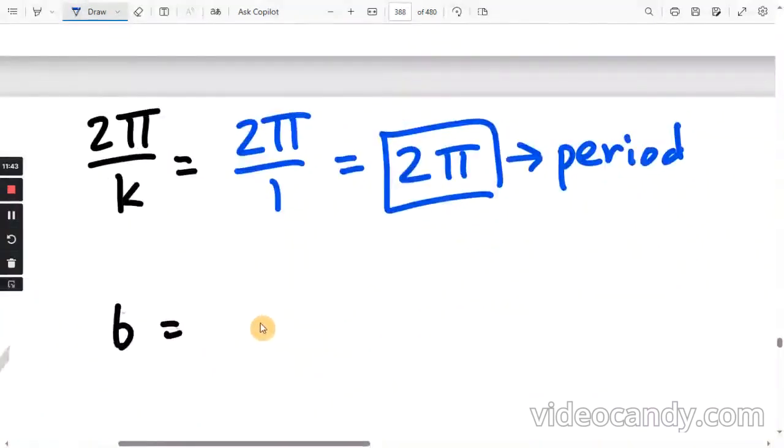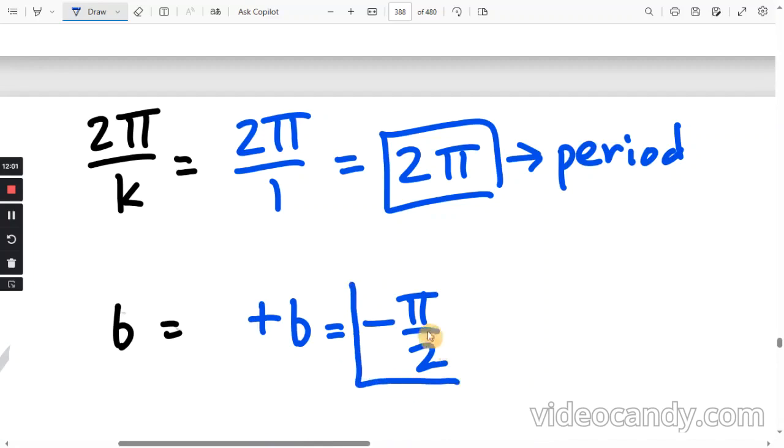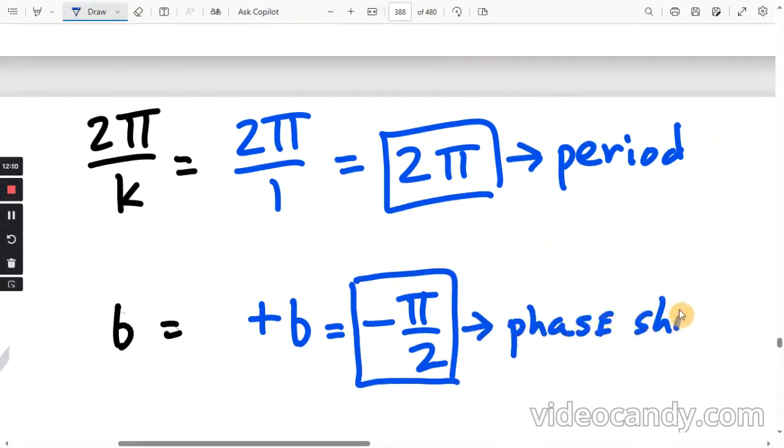So, if negative B equals positive pi over 2, how would you find B, or positive B? You just change the plus minus sign on each side. If negative B is pi over 2, that means B is going to be negative pi over 2. And that right there is your phase shift.